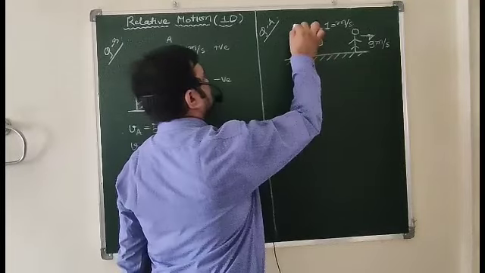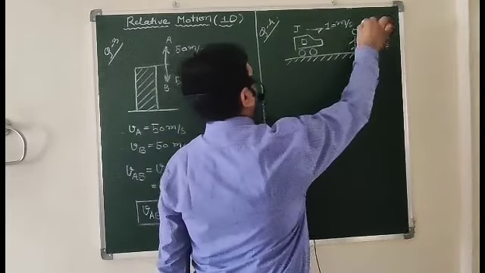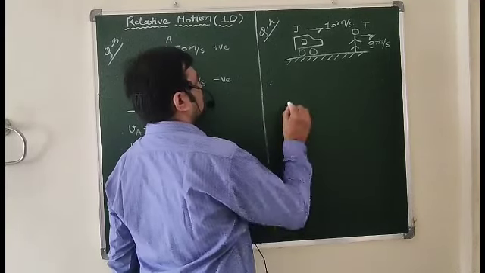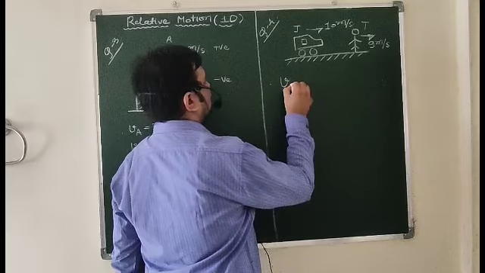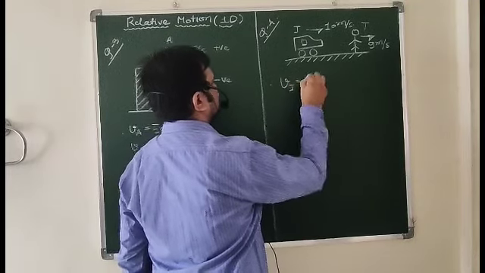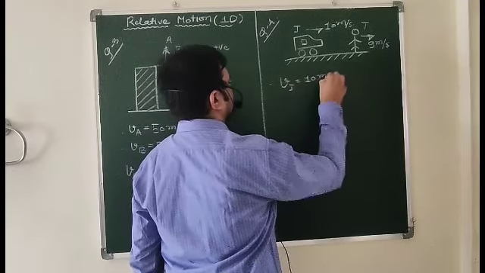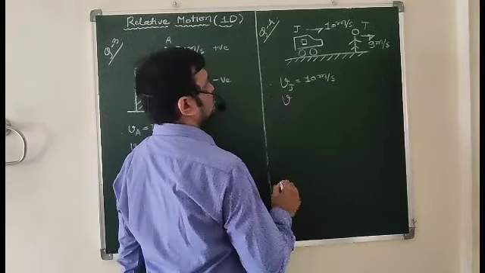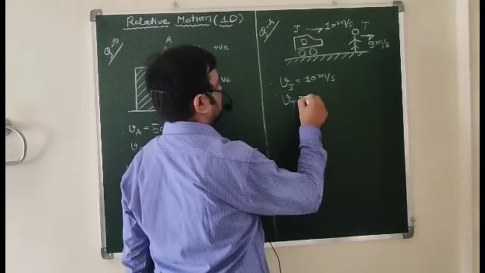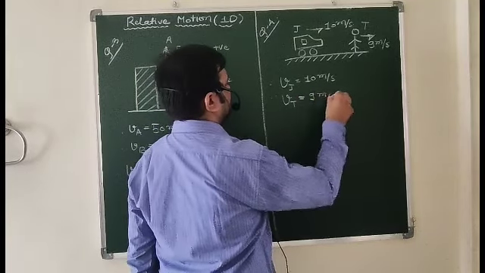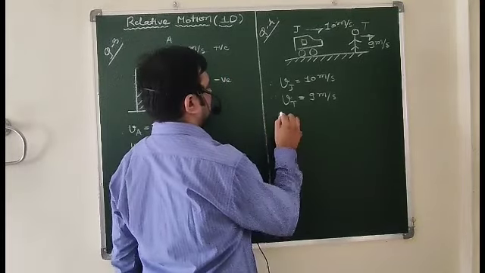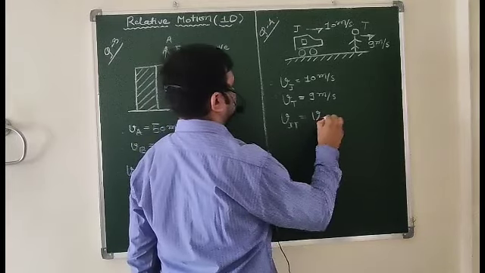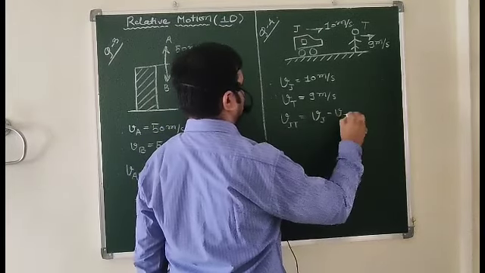So here, J and T. Now, the individual velocity of jeep is 10 meter per second. This is called absolute velocity. The individual or absolute velocity of thief is 9 meter per second. Now the relative velocity of jeep with respect to thief, that is Vj minus Vt.